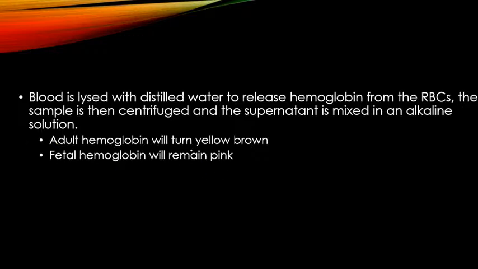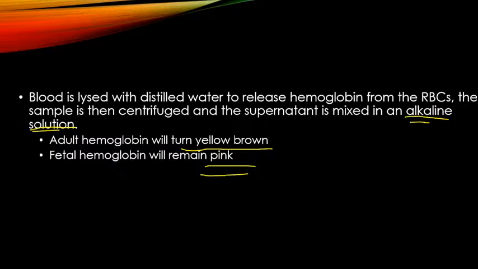So all you need to remember, adult hemoglobin will be denatured by the alkaline solution. Kaya siya nag-turn ng brown. Now, because of the alkaline resistance of fetal blood, the sample will remain pink, even with the addition of an alkaline solution.